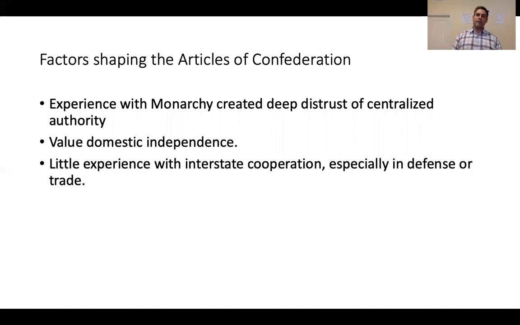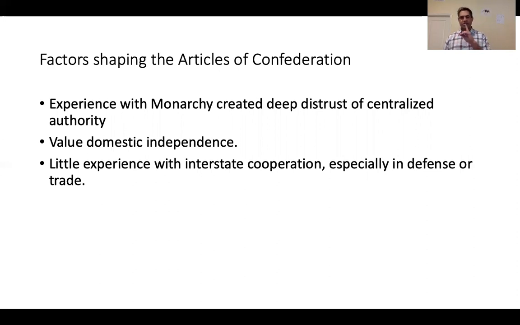They have to figure out, following this Declaration of Independence, how do we put together a new government that avoids the problems we were living under the English monarchy, and preserves what we liked about home rule and independence. And so as they start to talk about creating the Articles of Confederation, there are some things that really shape the type of national government they're going to create.